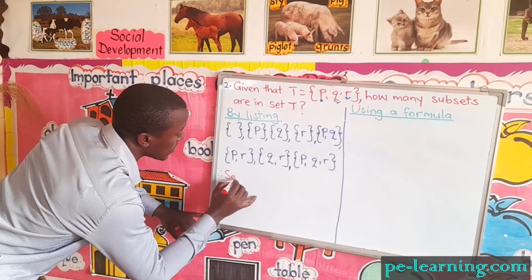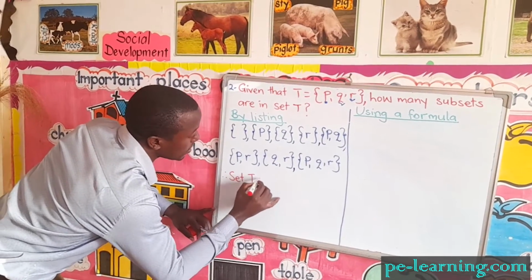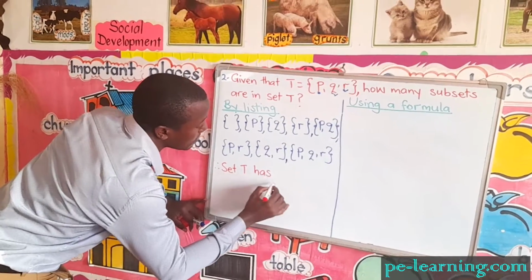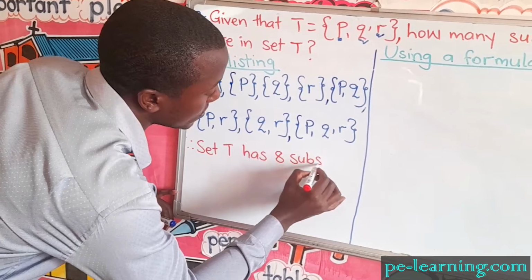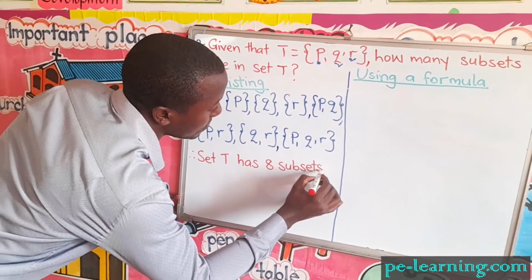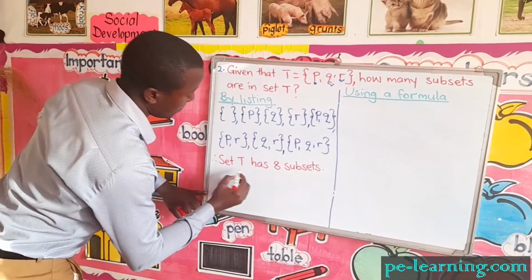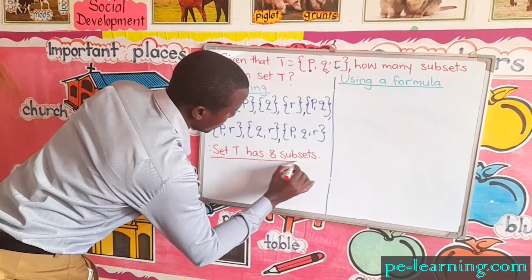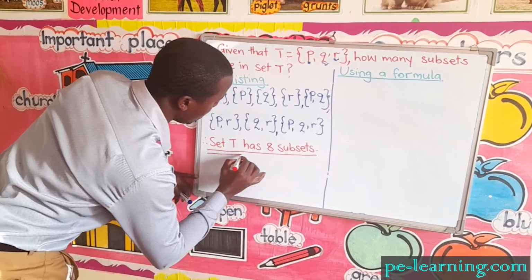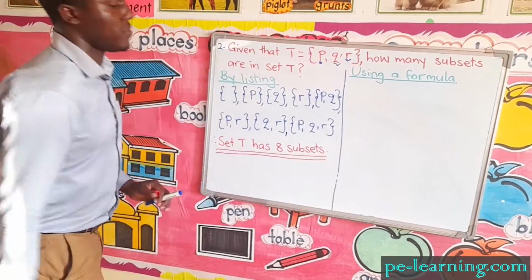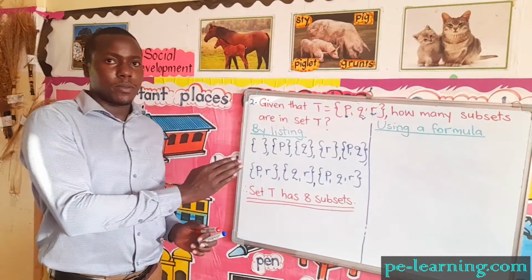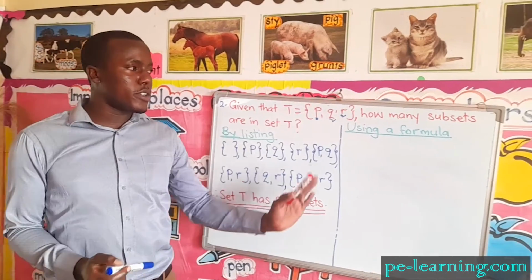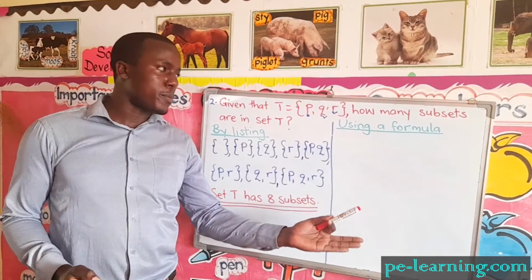Therefore, set T has 8 subsets. That is by listing. Let us now look at using a formula.